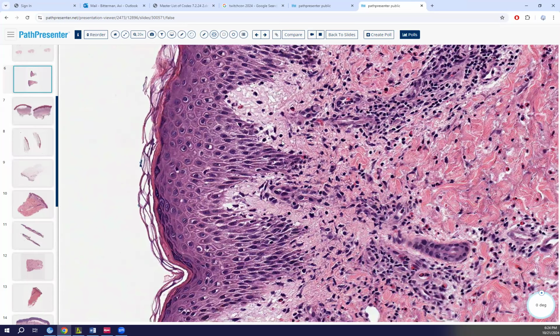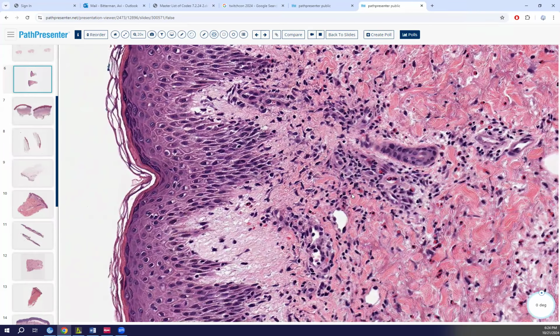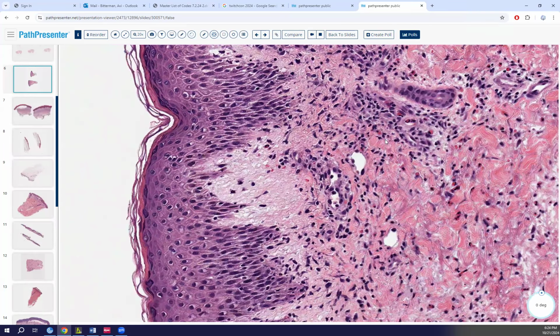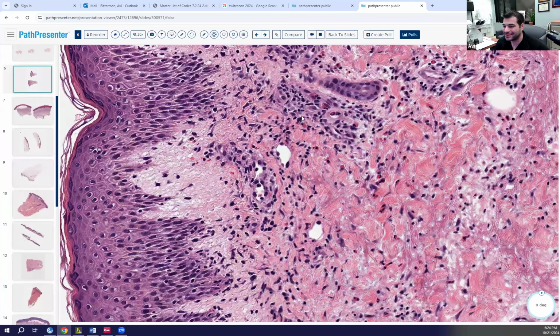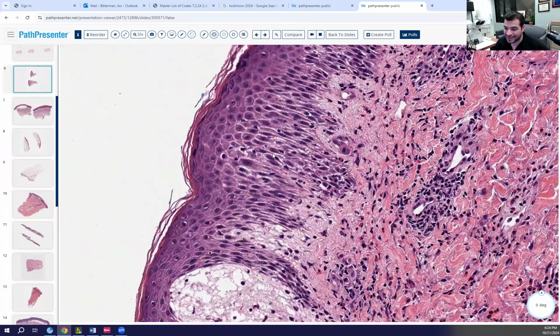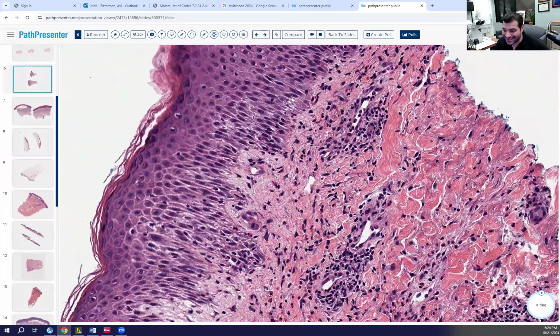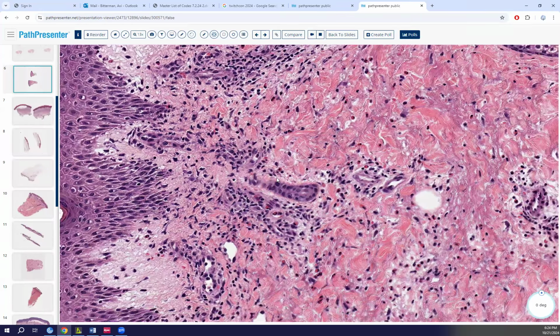I suppose you don't really get eos in PV. Do you not get eos in pemphigus vulgaris? Typically not as much, not like this. I guess it could be drug.